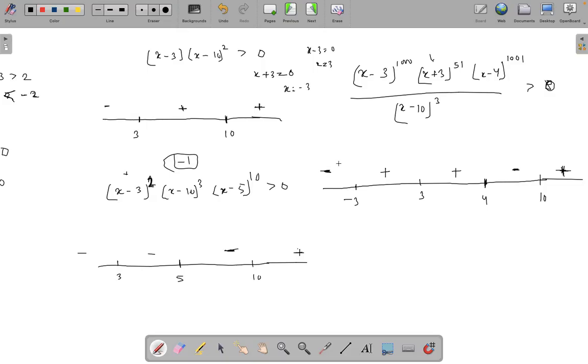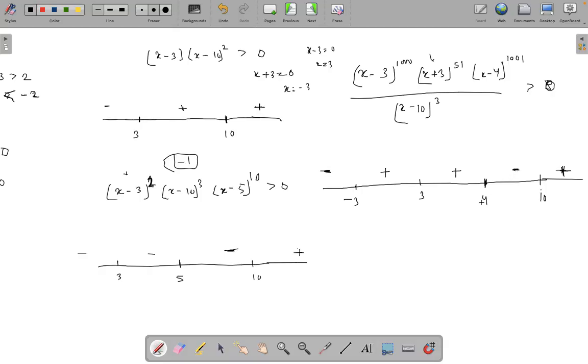Yes, sir. When you are doing such questions, logically it is okay, but when you have so much power, it will be confusing to analyze each and every value. So just look at the power. First of all, start with this value, go to the very end. It is positive. Then look at the power of this. Odd, so change sign.